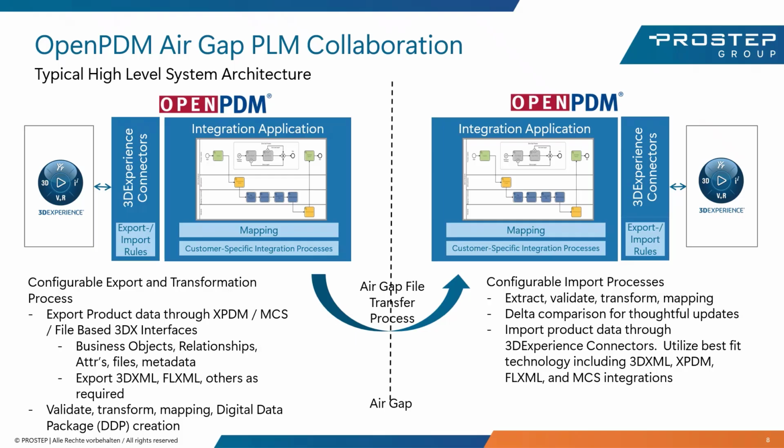Then on the import side, it will read the index. It will read the XPDM file, so it can do a basic comparison of what's already within 3DEXPERIENCE. It'll then take the other 3D XML files and other files that might be part of that digital data package, and then import those within the 3DEXPERIENCE.